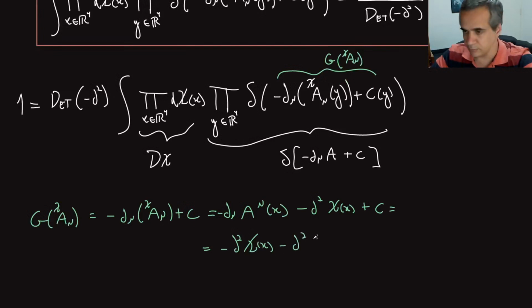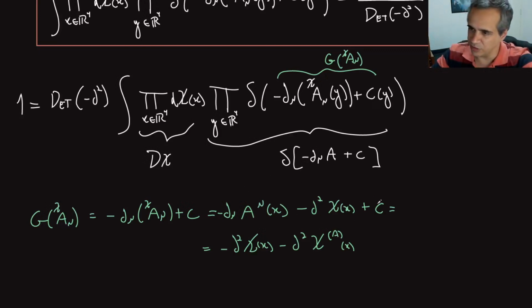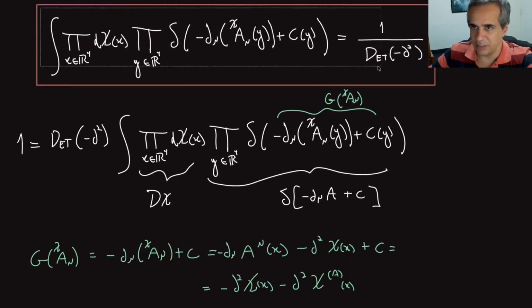This is a constant function. This is a function of position, but it is constant. It's the one that puts me at the point of the orbit that crosses the gauge fixing condition for a value of c. And now, if I go back to the identity I want to prove, let me copy the identity.